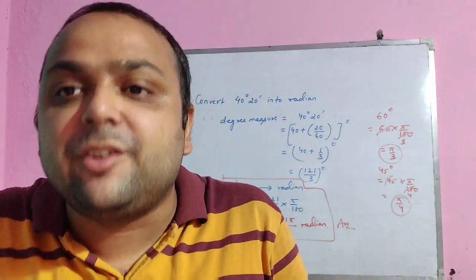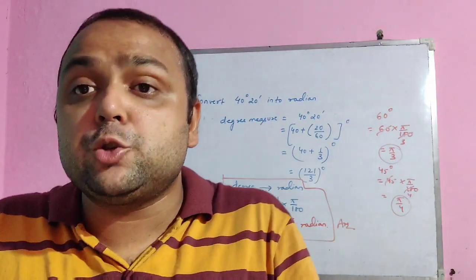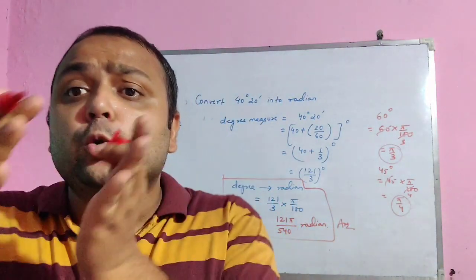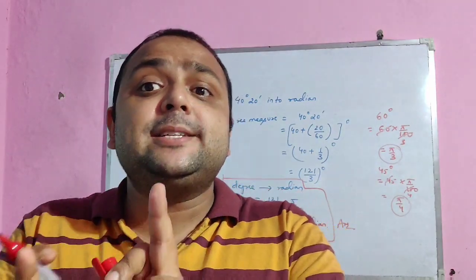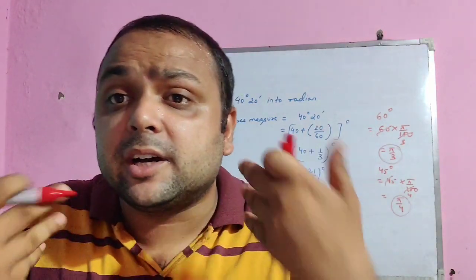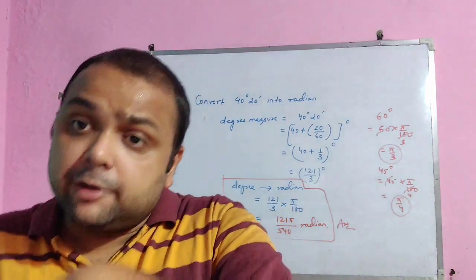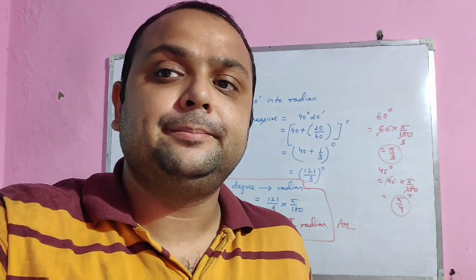Sine 60 is not written, you should write sine pi by 3. Sine 45 is not written, you should write sine pi by 4, because you have converted the degree to the radian.